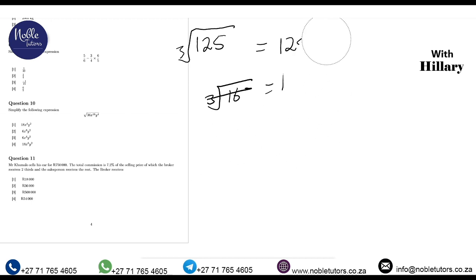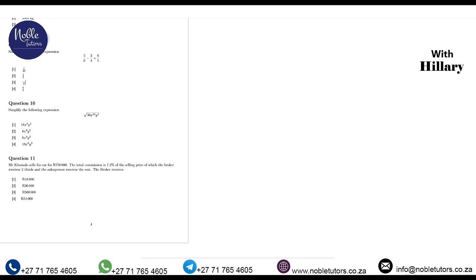So now, having said that, we need to look at the question that we are given. They said a square root of 36, x to the power 16 and y to the power 4. Like what we said, we need a square root of 36, so we are going to say 36 to the power half. Then x. Now we need to explain another point where we need a square root of an exponent. A square root of an exponent is exponent times half.